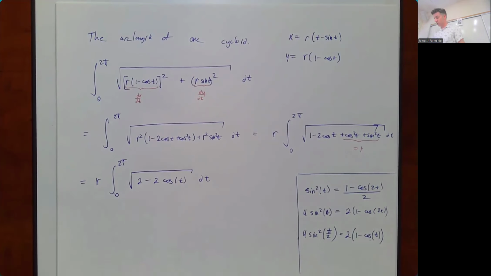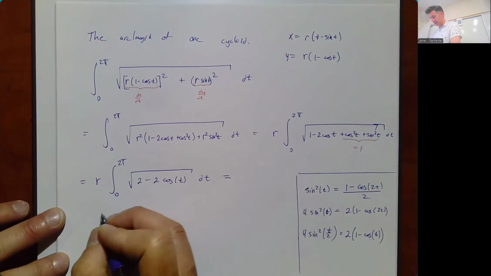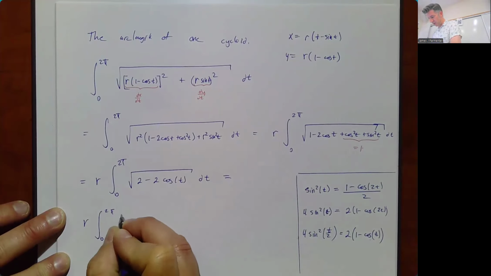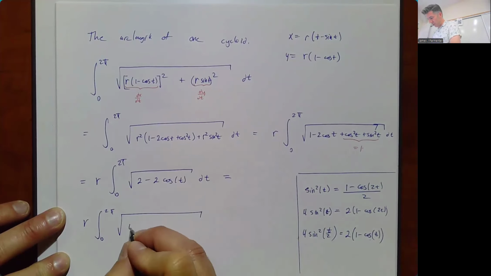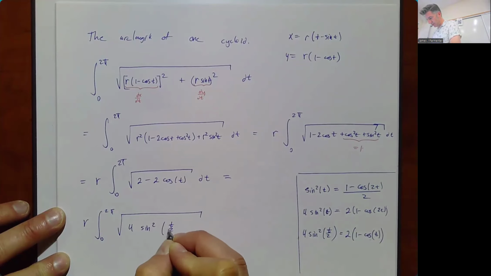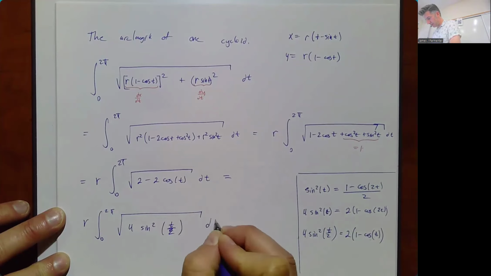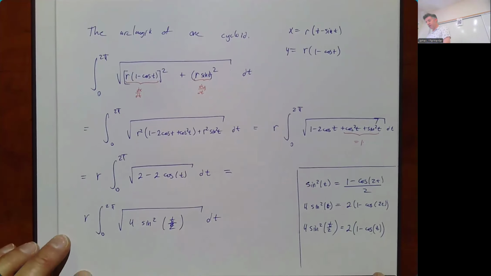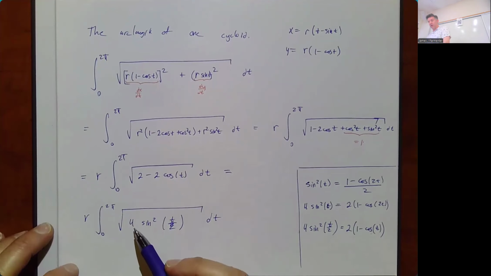So we can completely rewrite this as r times the integral from 0 to 2 pi of the square root of 4 times sine squared of t over 2. We have to be a little bit careful here. It is true that the square root of 4 is 2.